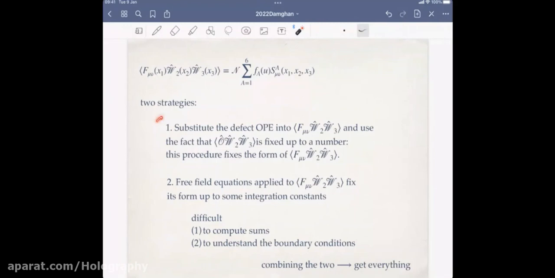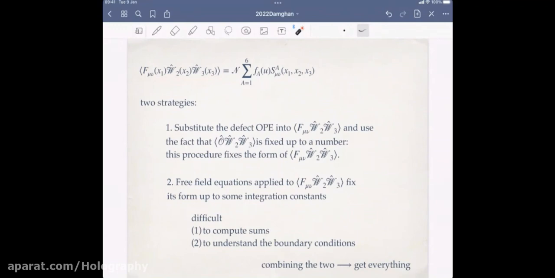And so in principle, you could do this sum and get this object. Or another thing you could try is apply the free field equations to this bulk defect object and see what the constraints are from that. In principle, that should also give you the same answer.